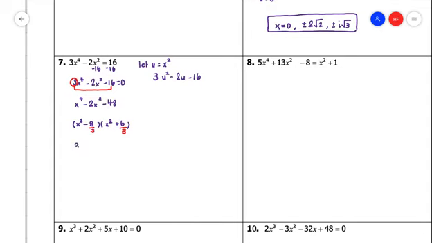But remember, we multiplied by 3, so now I need to divide by 3. And so we have 3x squared minus 8. And 6 divided by 3 is 2, so x squared plus 2. And that equals 0. 3 and 8 don't have anything in common, and x squared plus 2 is a sum, so we cannot factor any further. We'll take each of these, set it equal to 0, and solve.